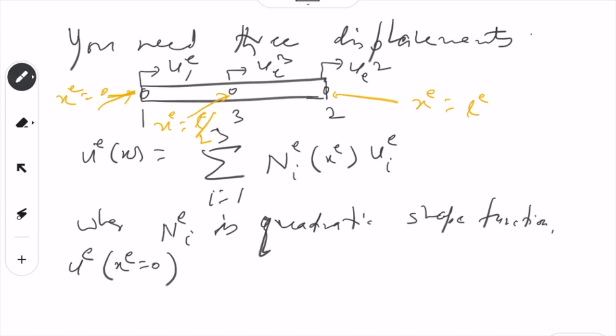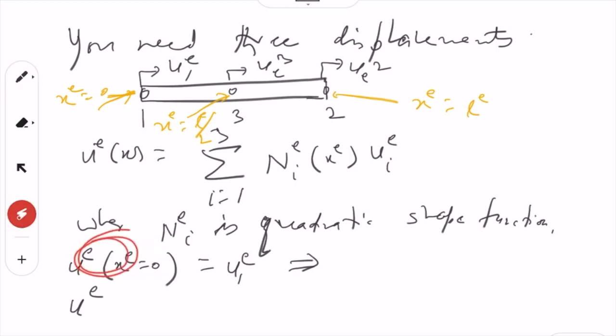So, u e at x e equal to 0 is equal to u1 e. What does it tell you? If you put x e equal to 0 here, then what happens?